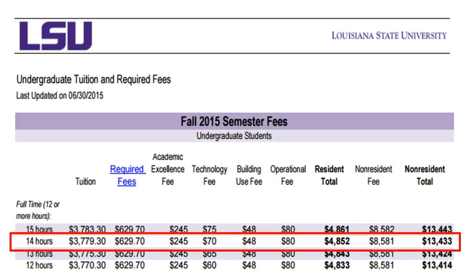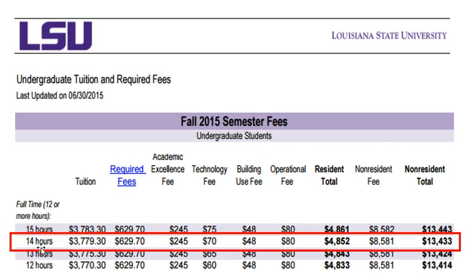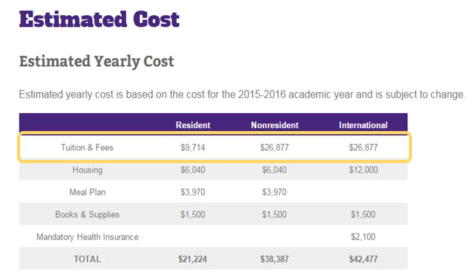Okay, so going to the next slide, we see for the undergraduate tuition and required fees, let's look back. We said that for a resident for the year it's 9,714, and for the non-resident it's 26,877. So in adding the totals together for the fall and the spring, or multiplying it by 2, I know that they chose in the example right here the 9,714 and also the 26,877.